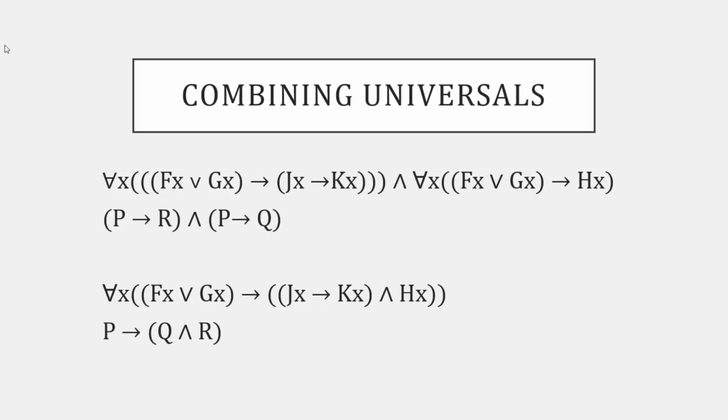OK, so the first sentence, the first big complicated thing, just because there's two universals doesn't make it logically different than if you combine them under the scope of one universal. So those are two logically equivalent ways of symbolizing the non-restrictive relative clause in this sentence.